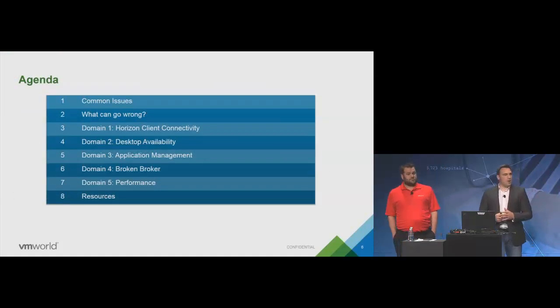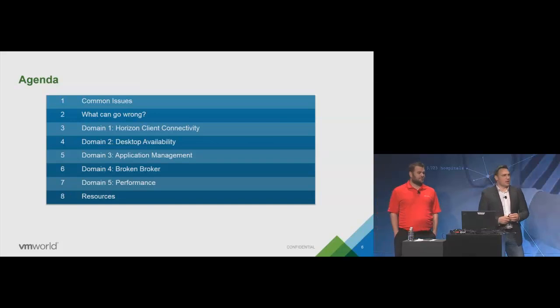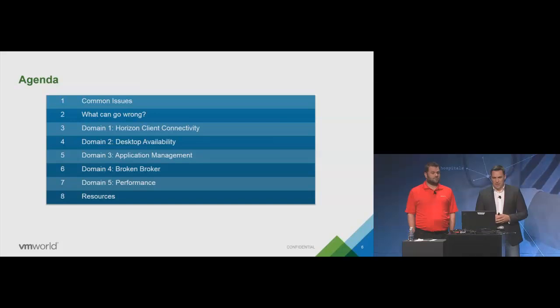So the agenda today, we're going to be taking a look at some of the common issues that our customers face. We'll take a look at some of the things that our global support organizations see, the top 5 or 6 things that they see when customers contact them for support.